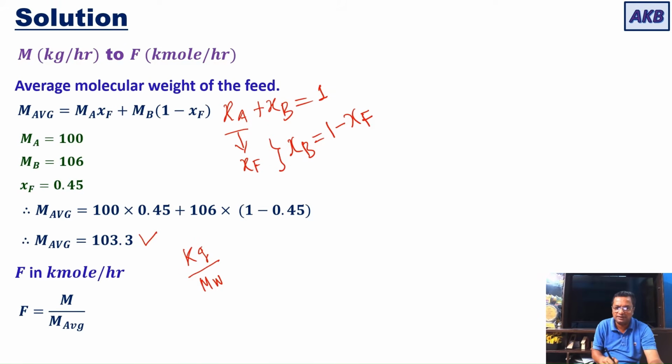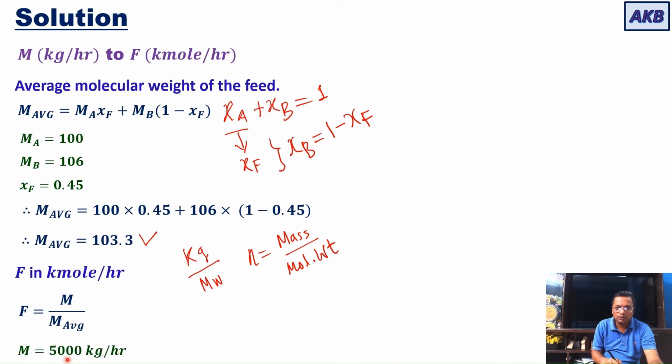Again, the same concept, that is, number of moles is equal to mass upon molecular weight. I am dividing the mass flow rate by molecular weight, but since this is a solution, I will have to use the average molecular weight.